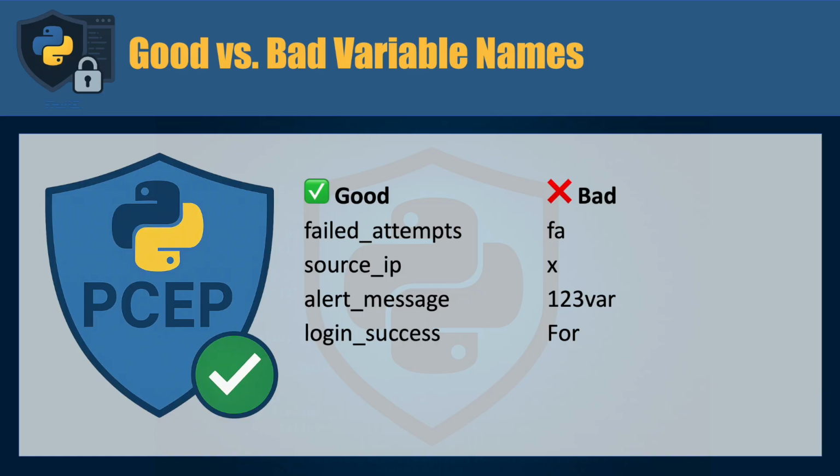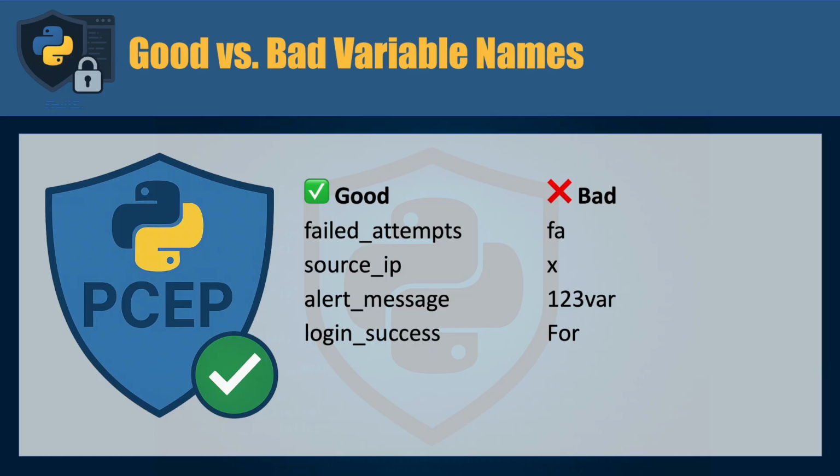Readable variable names are a sign of professional code. Python's rules are strict. Names cannot start with numbers and cannot use reserved words like for, if, or class. The PCEP may ask which variable name is valid.